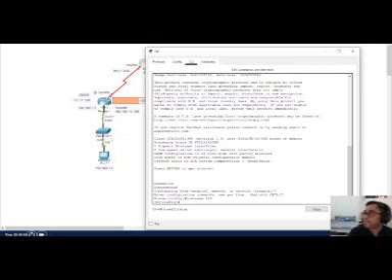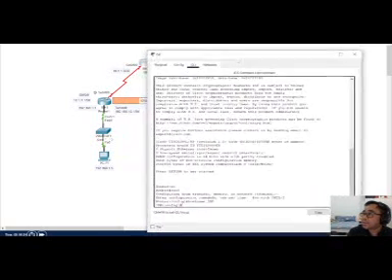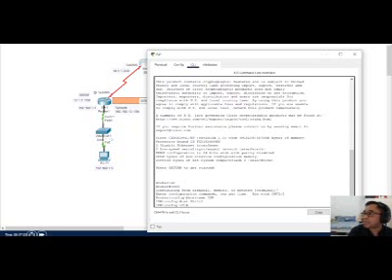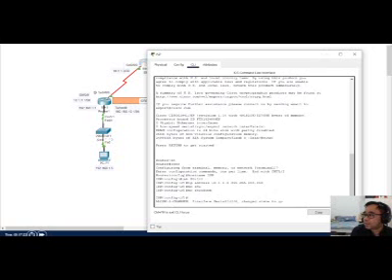Then we go to the serial interface S0/0/0. Then we set the IP address to 10.1.1.2, 255.255.255.252.